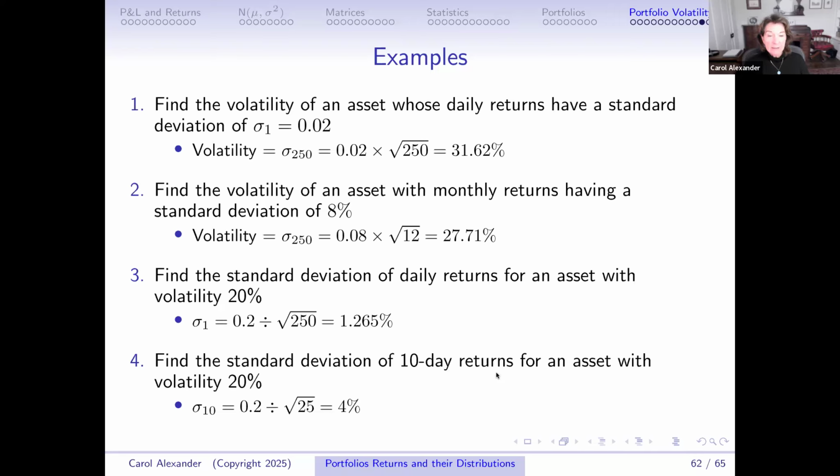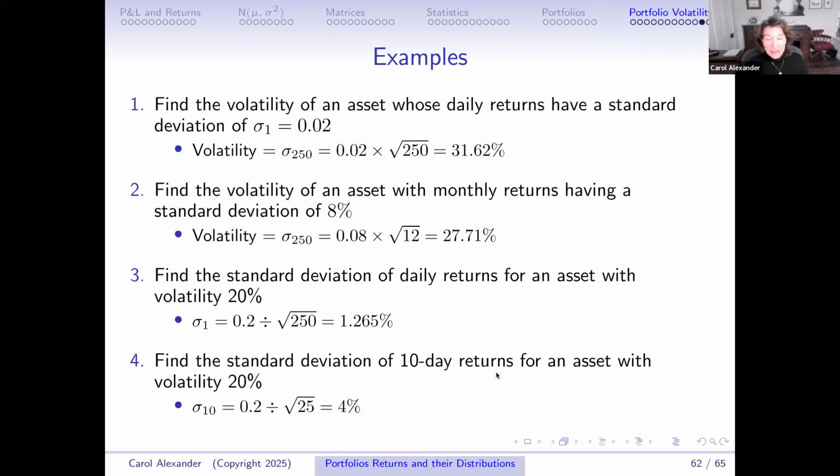The monthly standard deviation is 8%. Well, then the sigma 12, the monthly one is 0.08, but the annualization factor is 12 months, not 250 days. So we take the monthly standard deviation and multiply that by the square root of 12 to get sigma 250, which is the volatility.